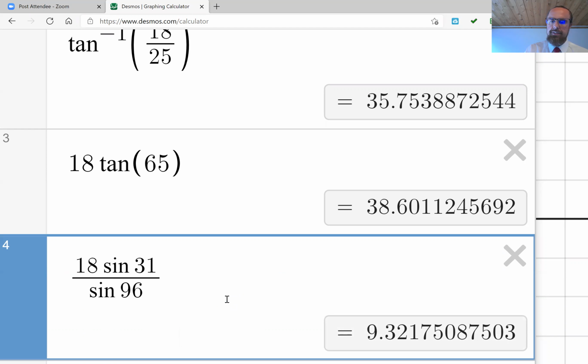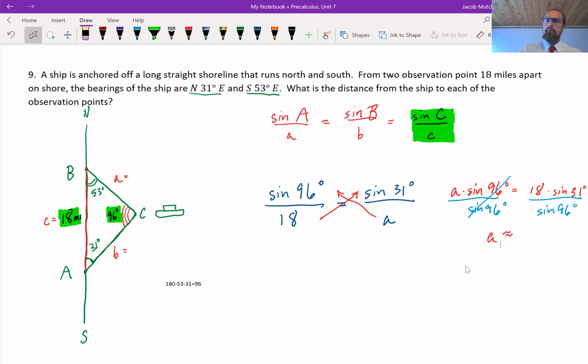And that's giving us a distance, if I round to the nearest tenth, of 9.3 miles for side A. So 9.3 miles. And we can mark that here on our diagram. We'll go with 9.3. So all that's left for us to solve now is the length of side B.